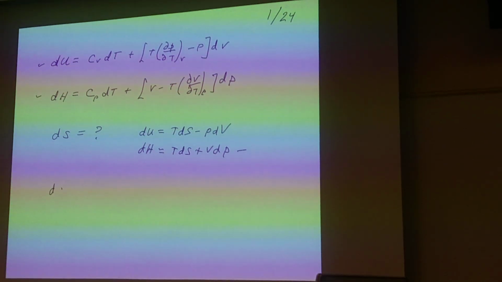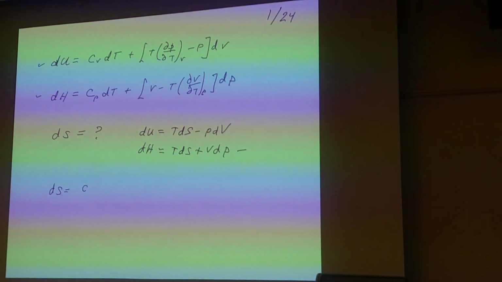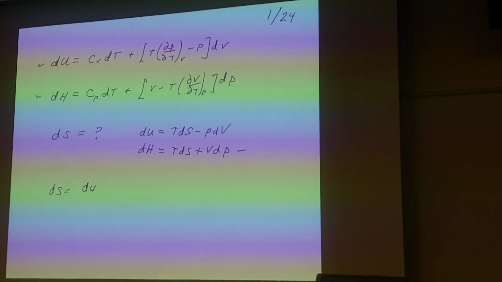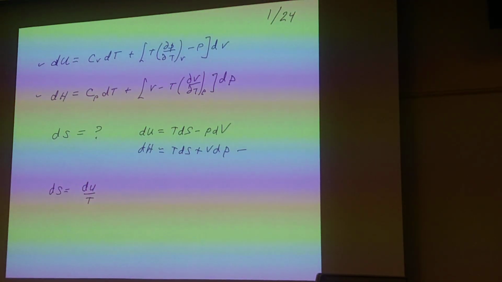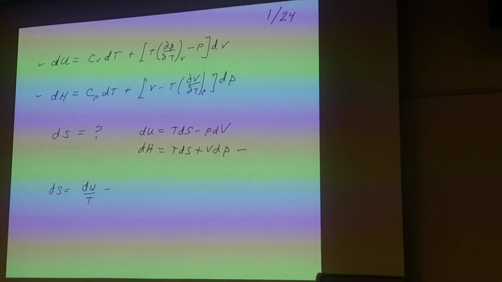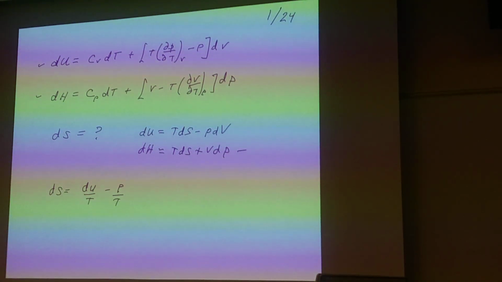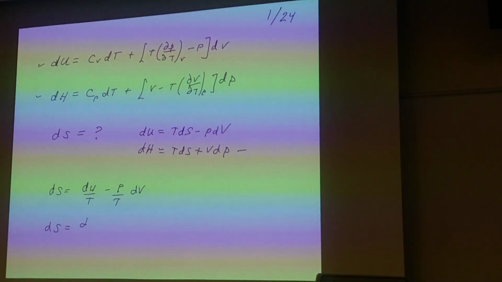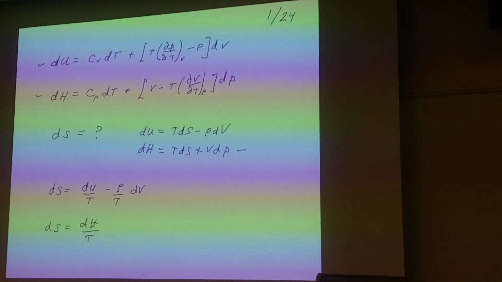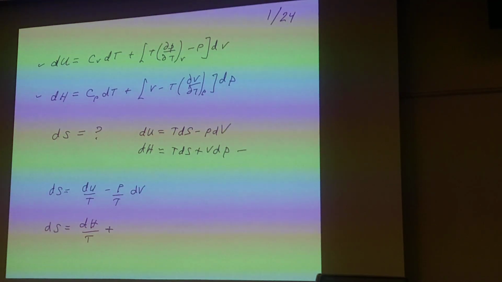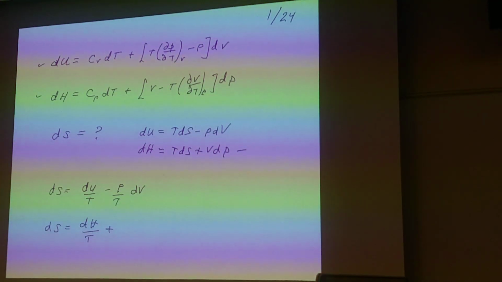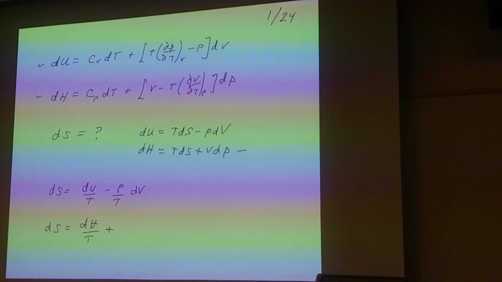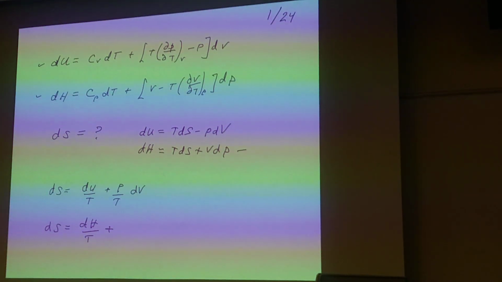So I get ds equal to du over T, if I can write it that way, minus P over T dv, or ds equal to dh over T, and this is going to be a plus and this will be a minus.